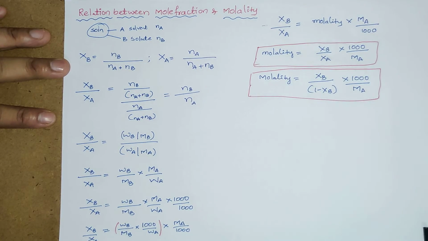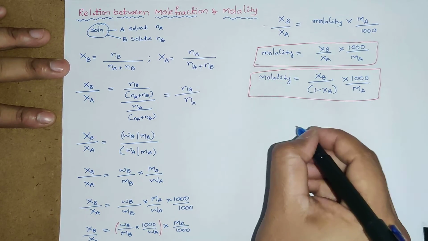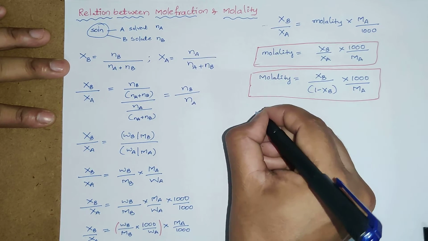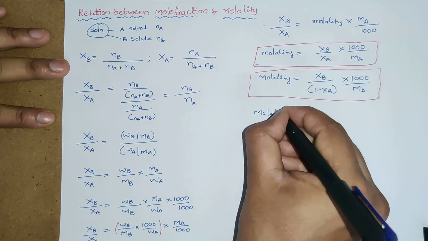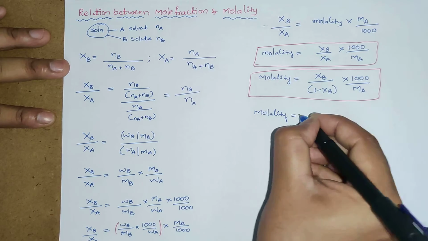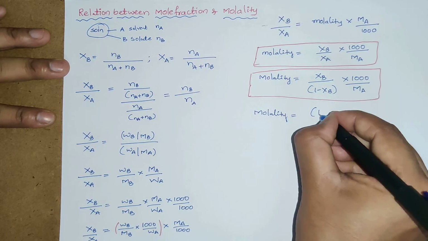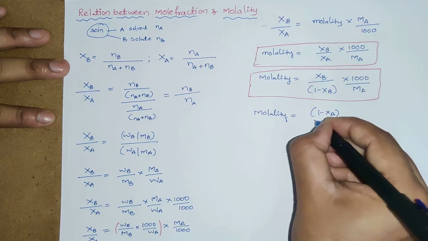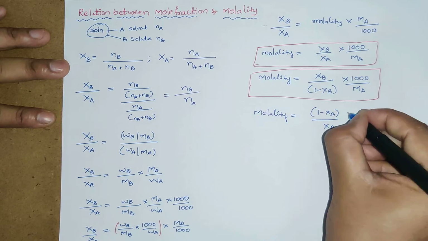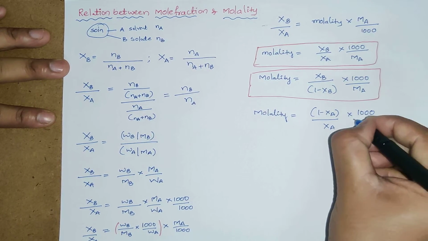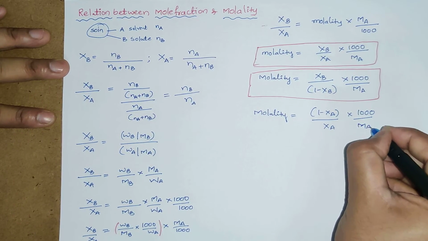We may also express molality is equal to 1 minus Xa divided by Xa into 1000 by Ma.